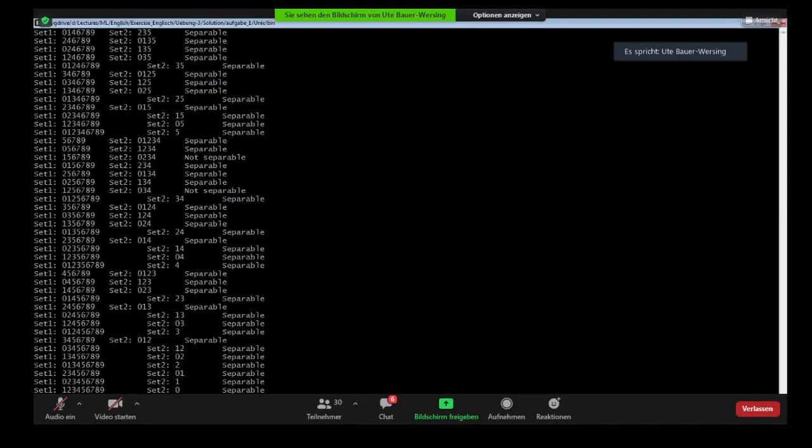Okay, so that's the end. And what's the output? The output is that in total, we found 160 of these partitions are not linearly separable. That's not so much. I mean, the problem is not so complicated. We have 10 training examples, and we are in 7-dimensional space, so they are quite sparse there. So there's a good chance to find a separating hyperplane.